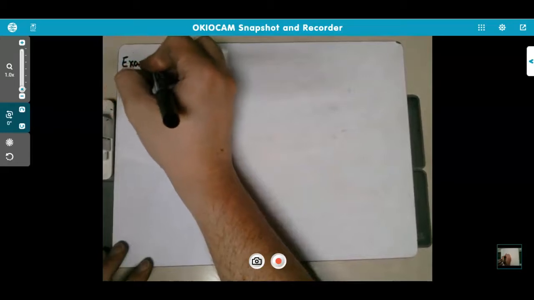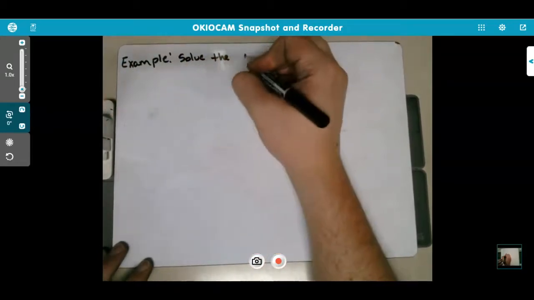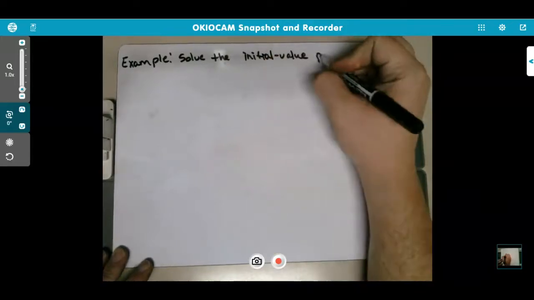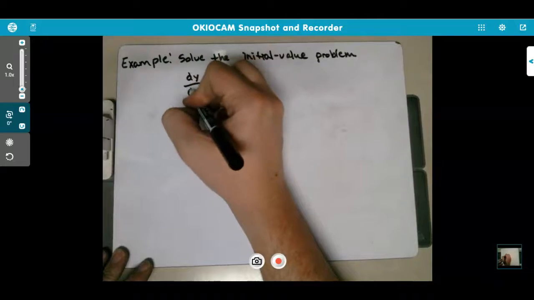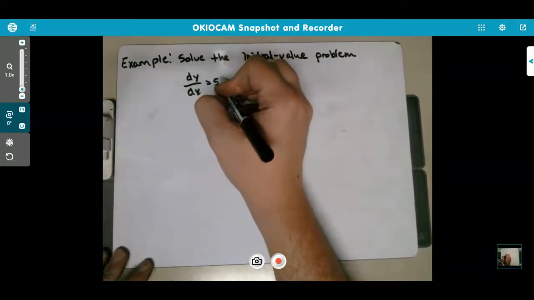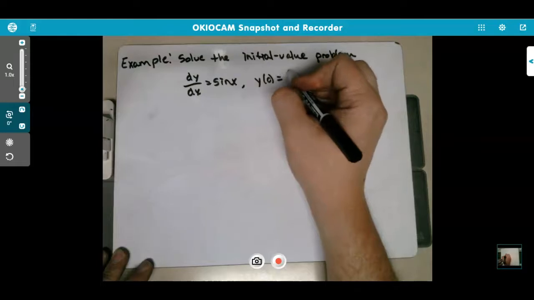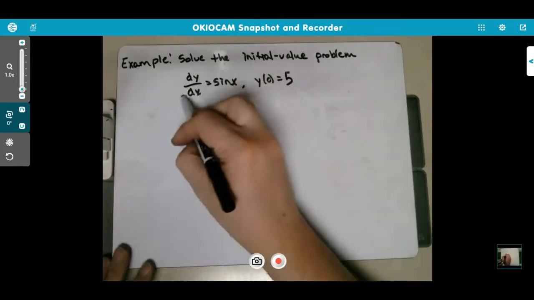Example. We're going to solve the initial value problem dy dx equals sine of x such that y of 0 is equal to 5. Alright, so the equation part is right here.